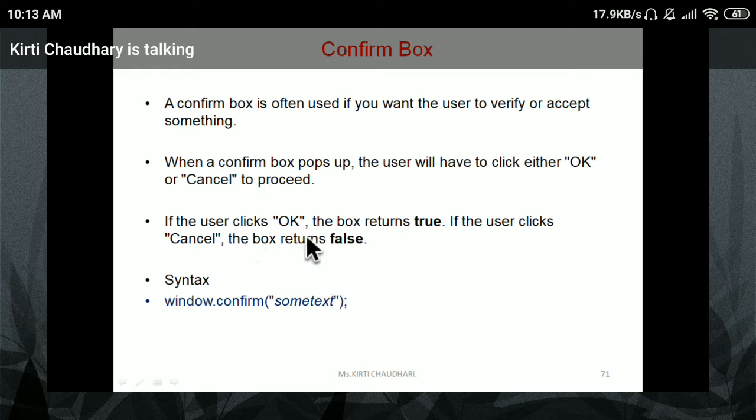If the user clicks OK, the box returns the value true. If the user clicks Cancel, it returns the value false. That means it will return either true or false. The syntax is window.confirm and the message whatever you want to give.